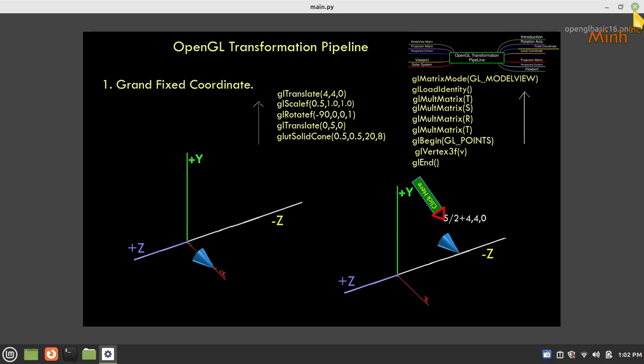The 5 by 2 came because of scaling, plus 4 because at the final stage we translated again by 4, 4, 0. So x is 5 by 2, y is 4, and for z we did not do any movement in the z direction.